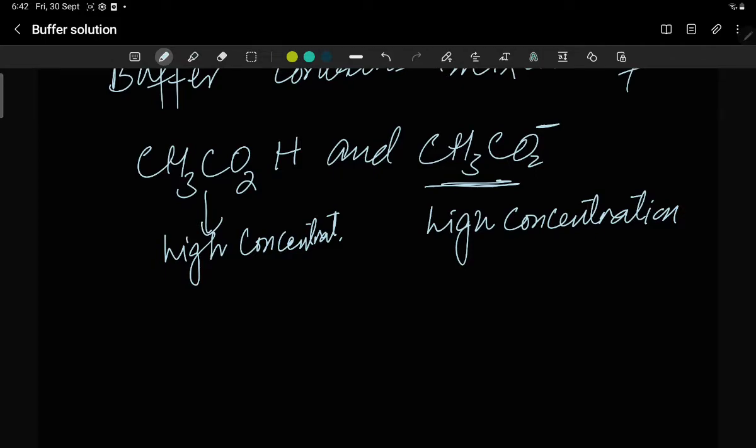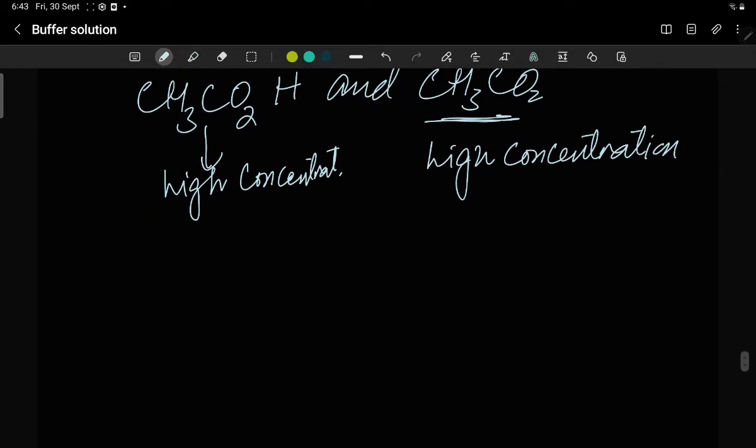So, for this reason, small change in the concentration of the weak acid and its conjugate base have practically no effect on the pH of the solution.